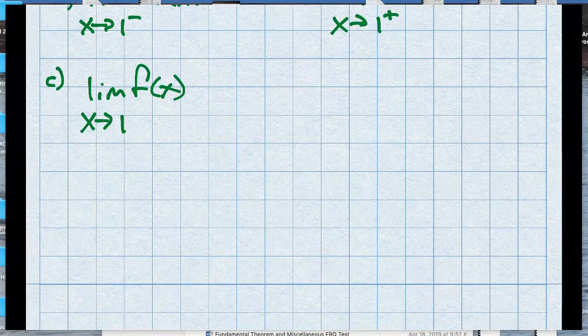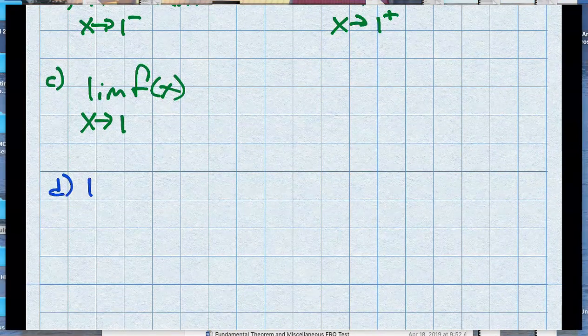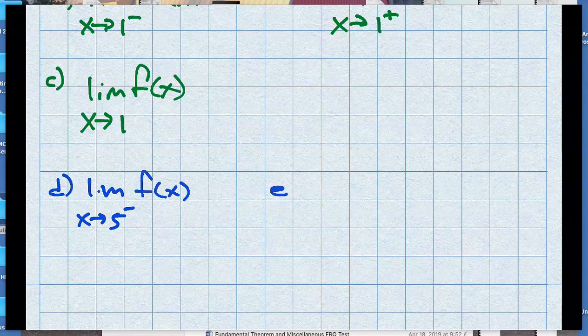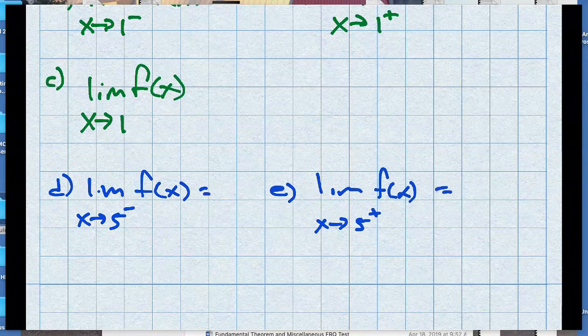So let's look at the limit as x goes towards 5 from the right side, from the left side. The limit as x goes towards 5 from the right side, and finally the limit as x goes towards 5.